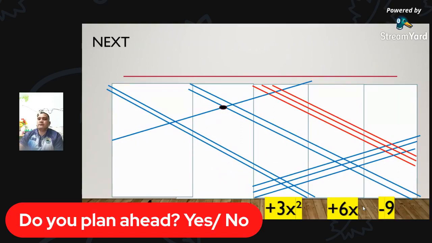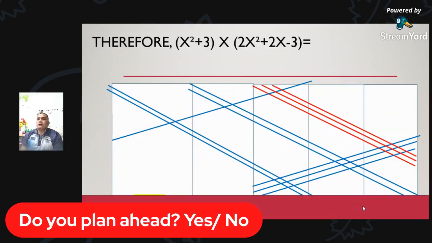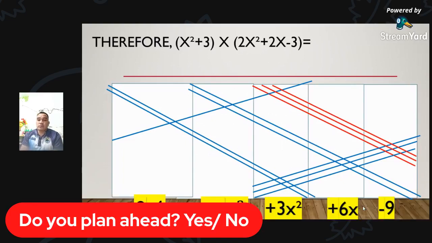Next we have 1, 2, so we have positive 2x cubed. Let's try the x to the fourth section. We have 1, 2, so we have 2x to the fourth. Therefore, x squared plus 3 multiplied to 2x squared plus 2x minus 3 is equivalent to 2x to the fourth plus 2x cubed plus 3x squared plus 6x minus 9.